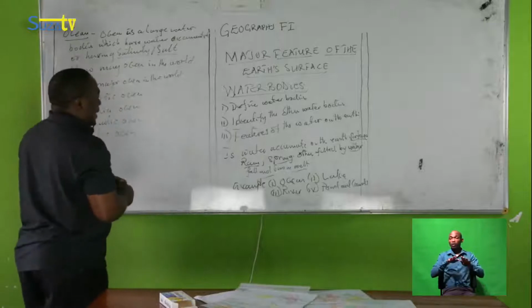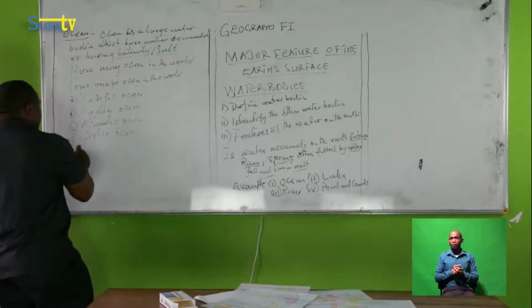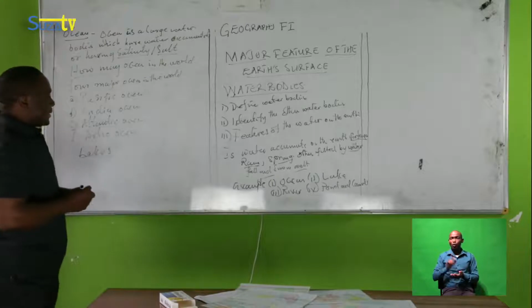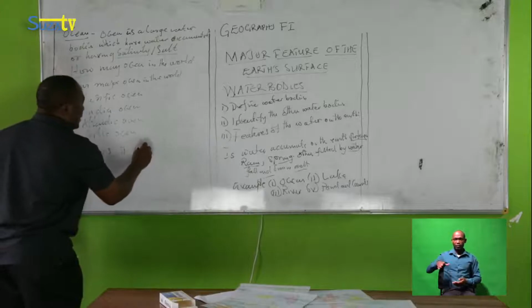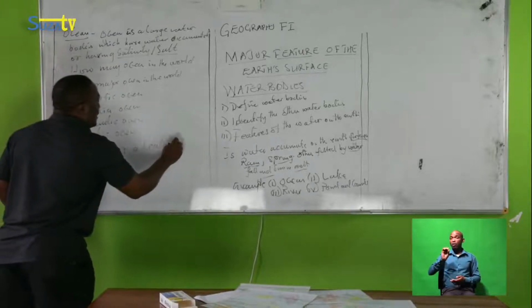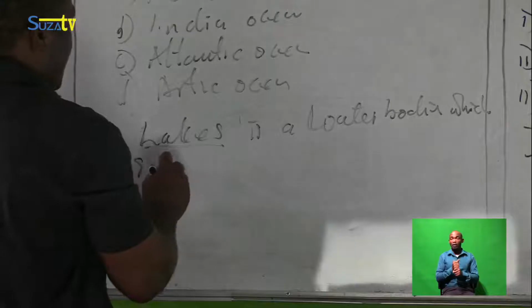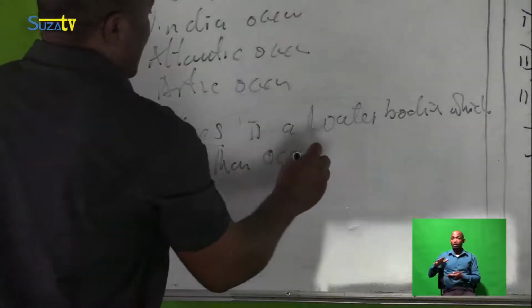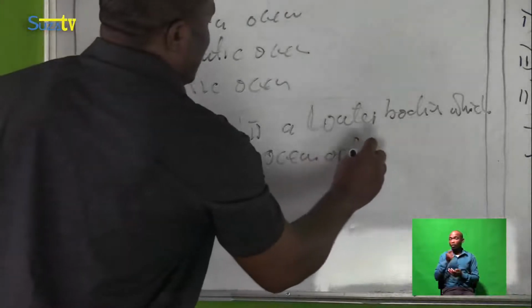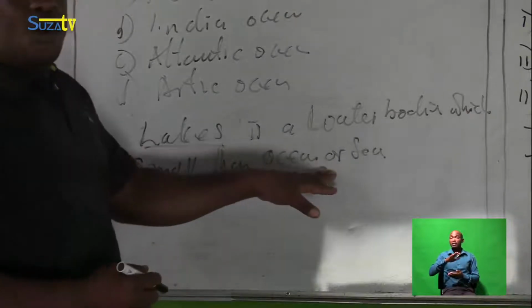So, a second term here we can say is a lake. What is a lake? A lake is a water body which is smaller than an ocean or sea.